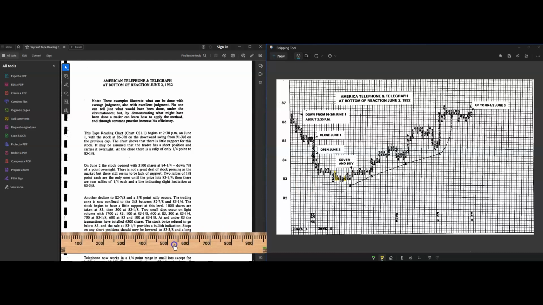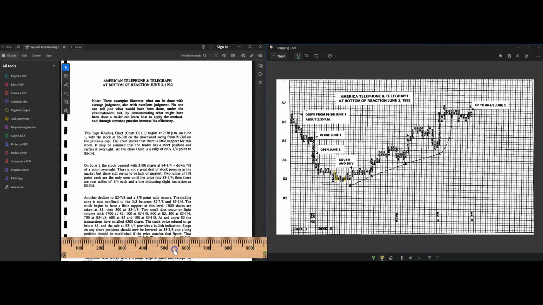All right, stops on any short positions should now be lowered, and a long position should be established if the price touches that figure. What figure? The 3/8. So he's saying that if it goes to 3/8, go long. What he's saying is you have a bullish indication based on the three indications of volume buildup, inability to go down on two tests, and a higher traded price.